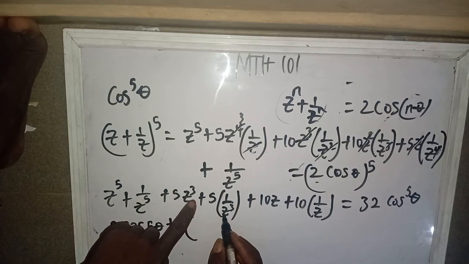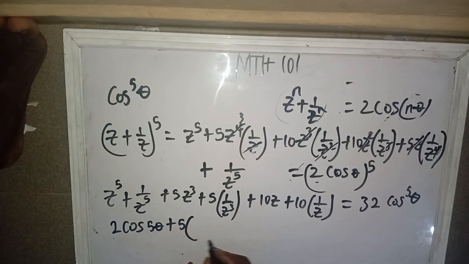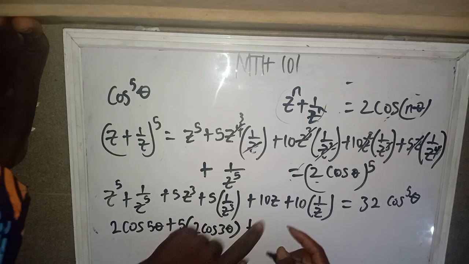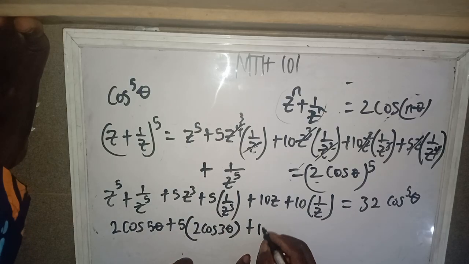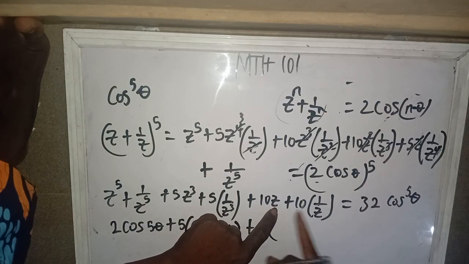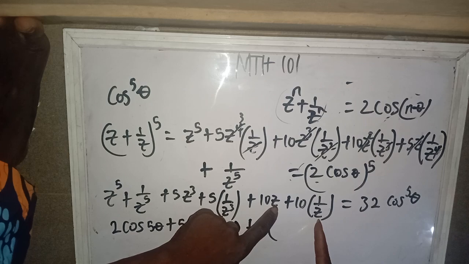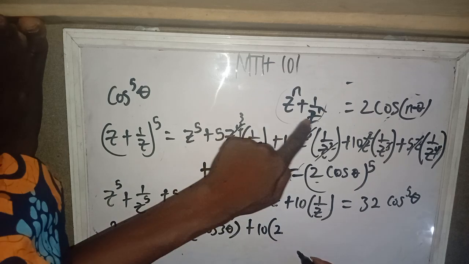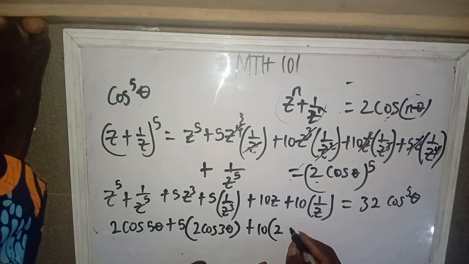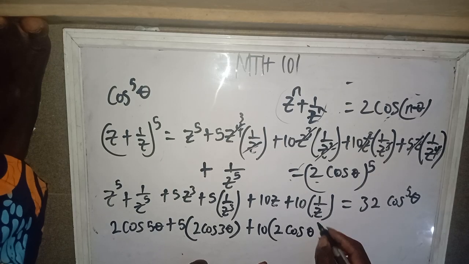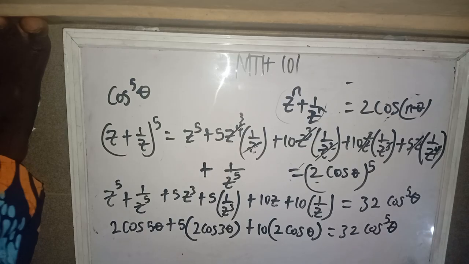So here you have z cubed plus 1 over z cubed, right? That will be 2 cos 3 theta. 10 is common to these two, bring out 10. The inside will remain z plus 1 over z, which is the same thing as z plus 1 over z, that's just 2 cos theta, equals to 32 cos to the 5 of theta.